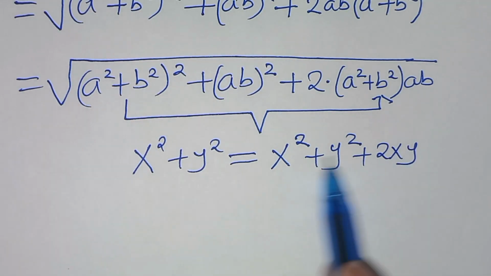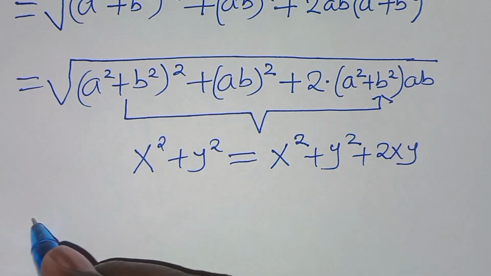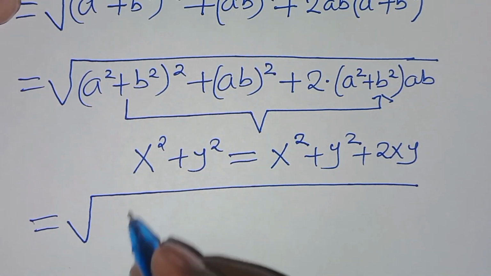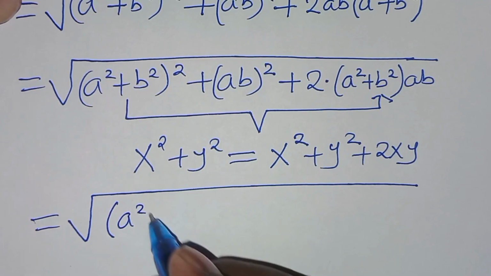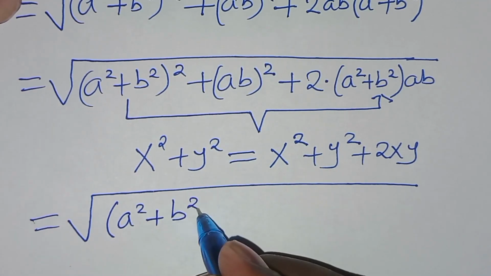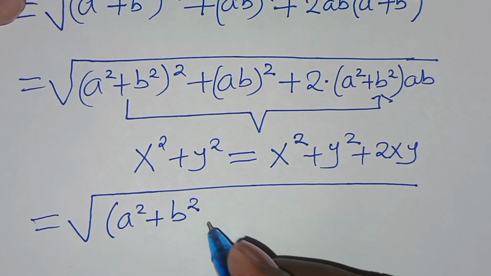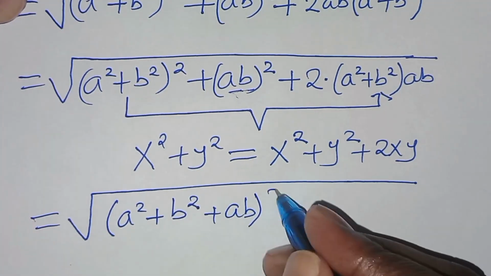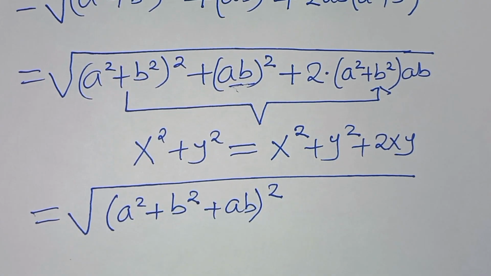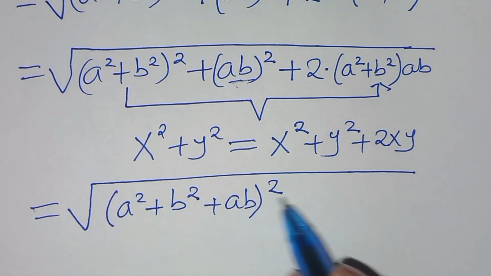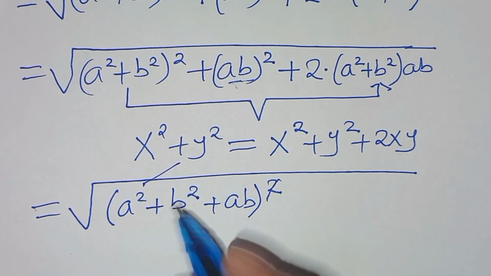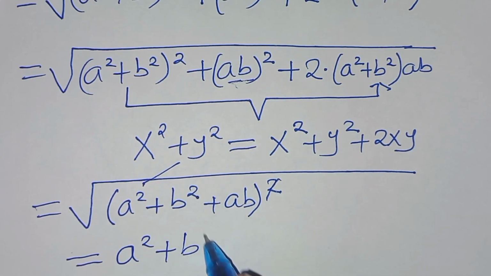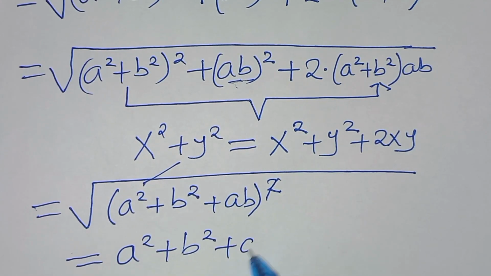So applying this algebraic identity, we'll basically have the square root of a squared plus b squared, then plus ab, everything here squared. So from here we can eliminate this square root sign, so that now we'll have a squared plus b squared plus ab.